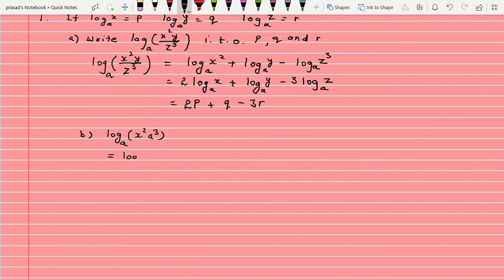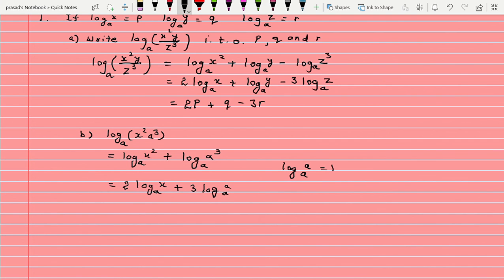So log of x square to base a plus log of a cube to base a. Use the power law. That will be 2 log x to base a plus 3 log a to base a. But last time you have seen this result that log of any number to the same base is always 1.